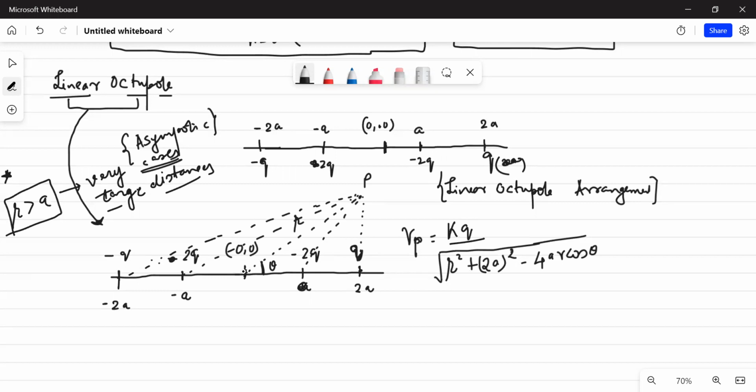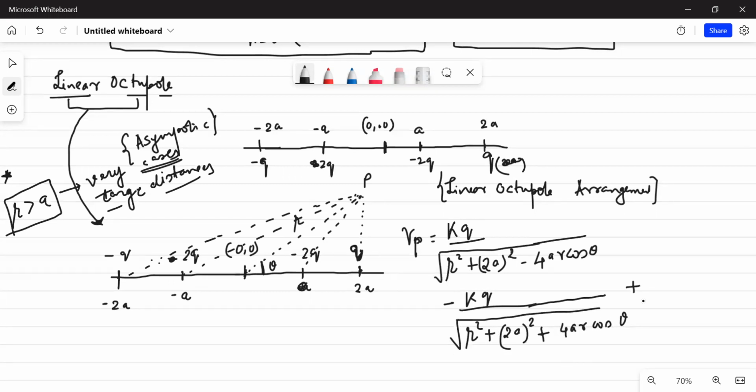So if this is pi minus theta, this is r, this is 2a, this will be minus KQ divided by root over r square plus 2a whole square, and then I can write one more thing, plus 4ar cosine theta.